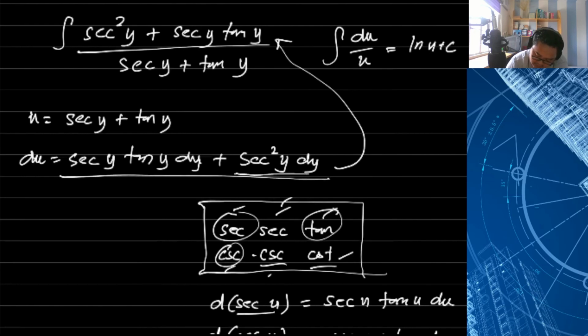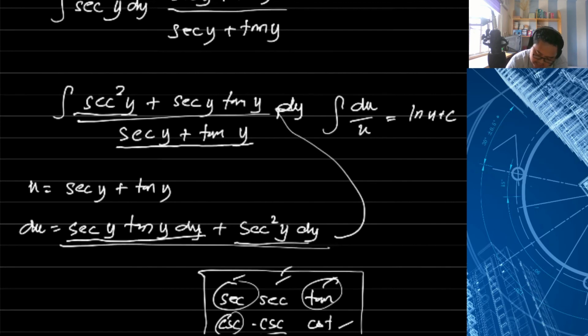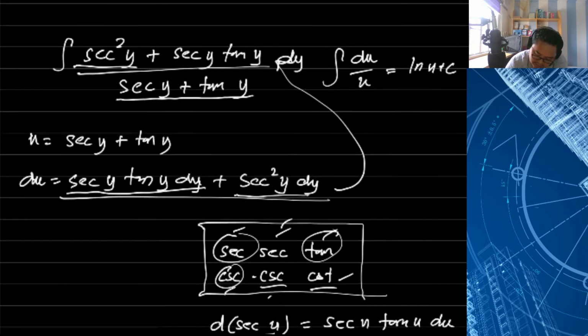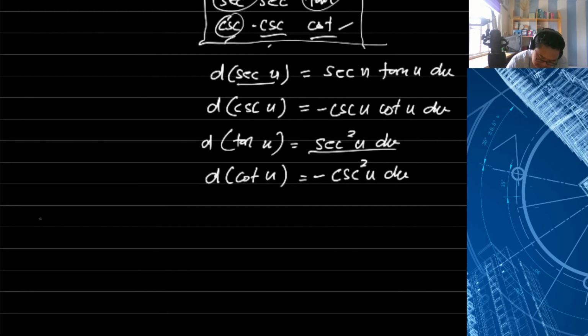Secant squared y dy, then secant y tangent y dy, it's just the same. Therefore, this equation qualifies for our integration of logarithmic function. Therefore, this becomes the integral of du over u equals ln u plus c.